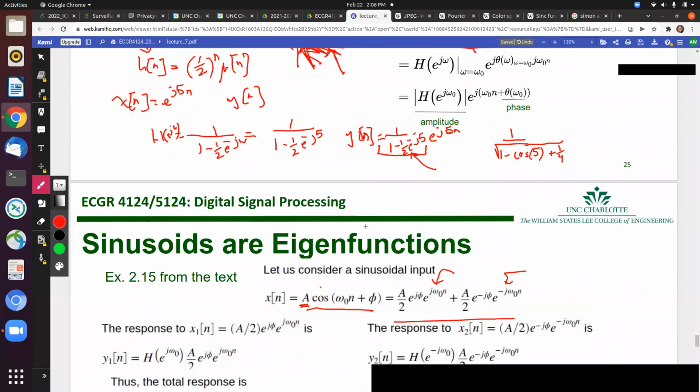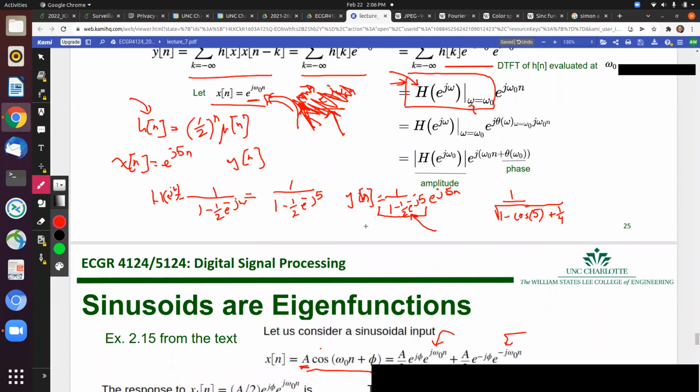And so how do we get the phase of this? What's the phase in the numerator? Yeah, 0. So it's 0 minus, what's the phase of the denominator? So let's write it out in a rectangular format. E to the minus j5.